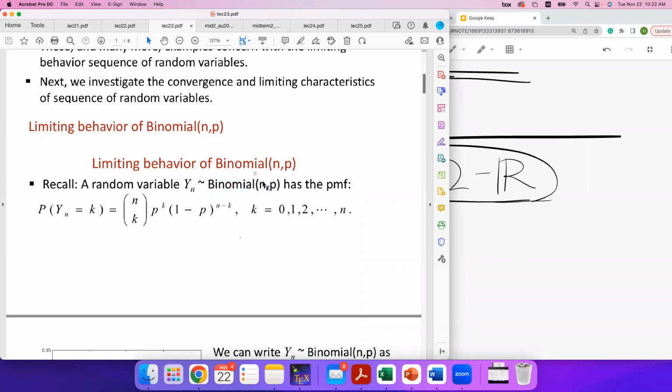If you perform 1,000,000 experiments, you more or less expect that the total number of successes will be very close to n times p, because you have such a large sample size. So the randomness should be very, very small.